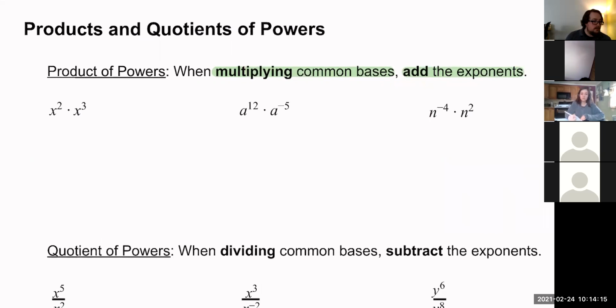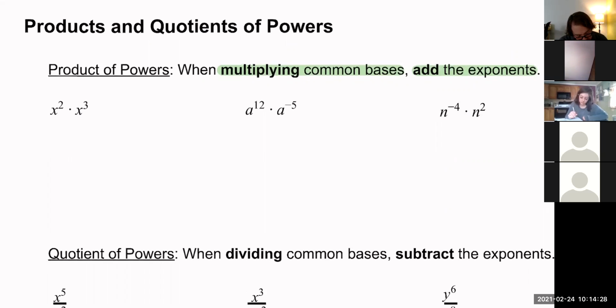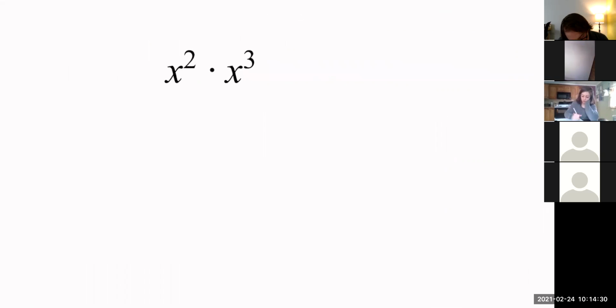That first one there, can we agree that those are common bases? They are both what? Not positive, not bases. They're both x's. So common bases tell us that you can add their exponents together if you are multiplying those bases together.